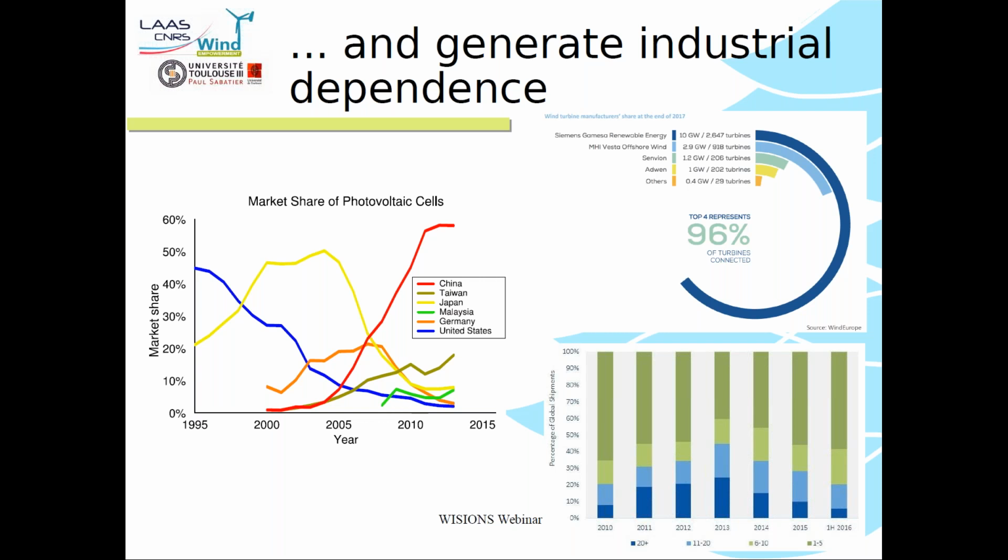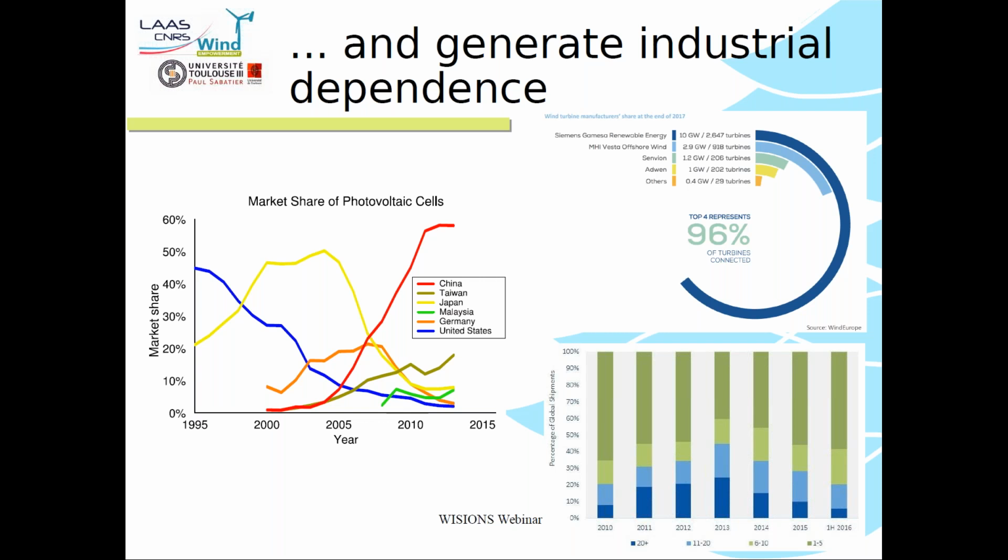That means that the price that we don't pay today, we might pay tomorrow if China decides to change the prices of photovoltaic cells like they did a few years ago. But China is not the only one that does this. Germany is obviously in the picture as well. If you look in the upper right-hand corner, you see that Siemens installed almost all of the big wind turbines, and we're talking about big ones here. Just to give you an example of how one single industry ends up becoming almost a monopoly.